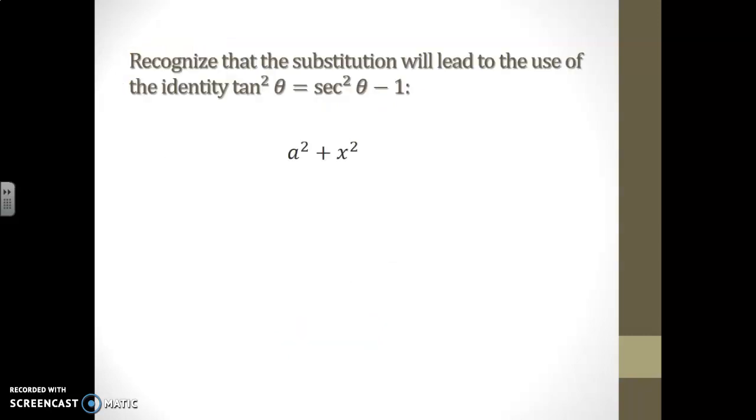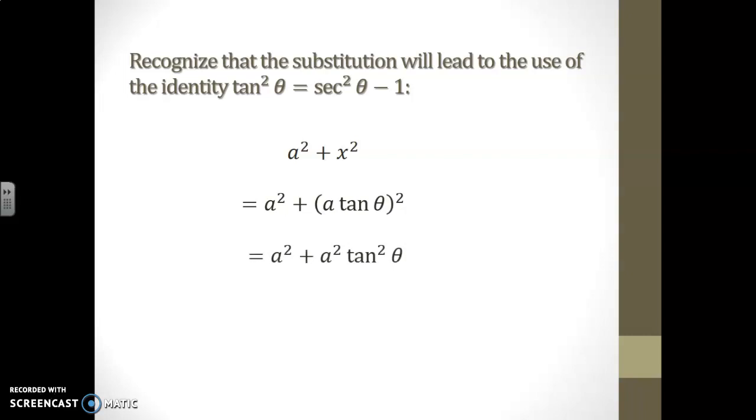Once we apply the substitution, we may have to recognize that the substitution will lead to the identity tan square theta equals secant square theta minus 1. Now observe how a squared plus x squared becomes a squared plus a tan theta squared.